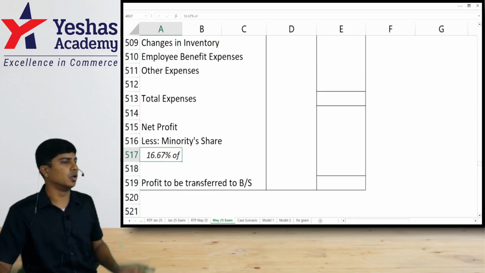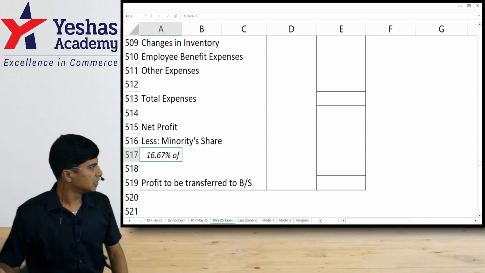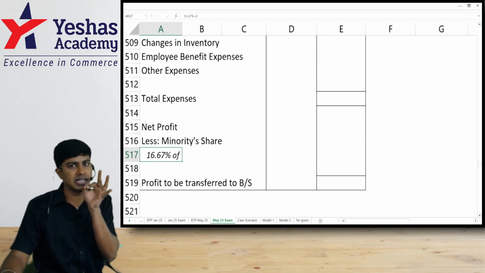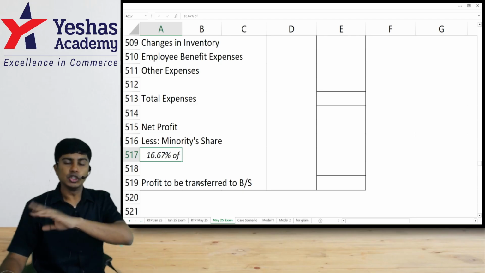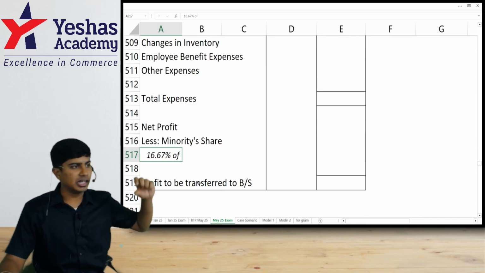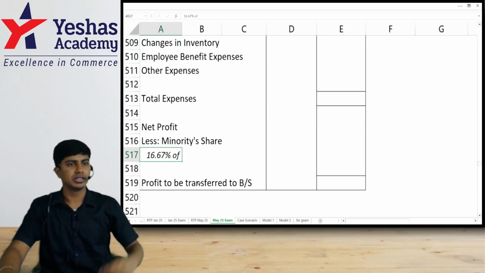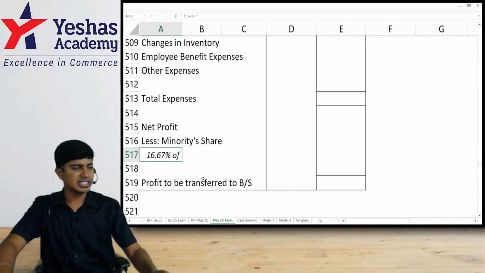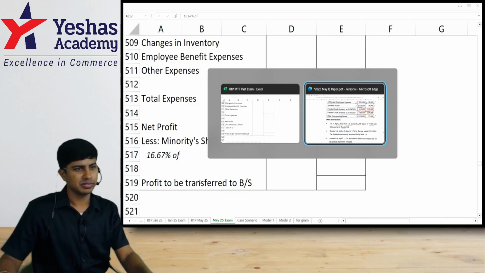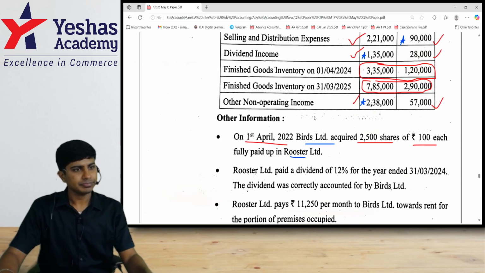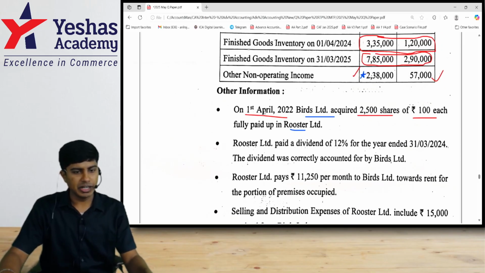How much profit? We don't know. We have to find it later. 16.67 percentage of profit of the subsidiary should be deducted from the consolidated P&L before you transfer it to the consolidated balance sheet. We've done a similar question in our AQs. We can recall. Next adjustment.